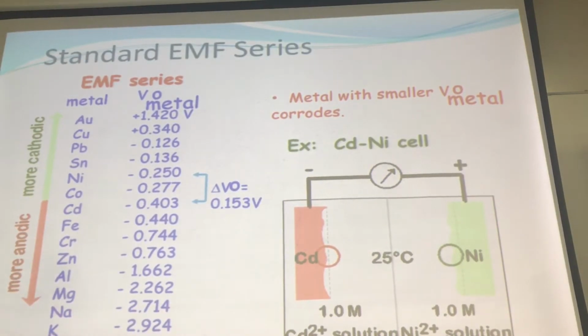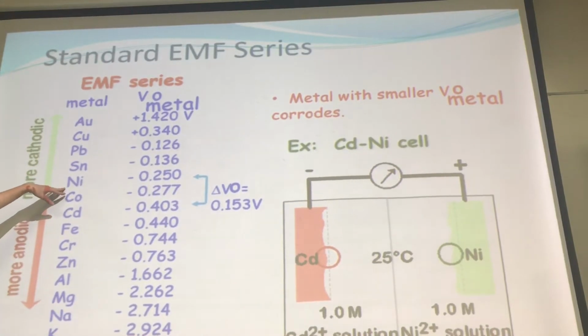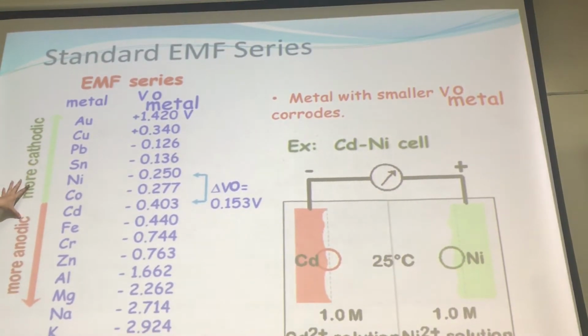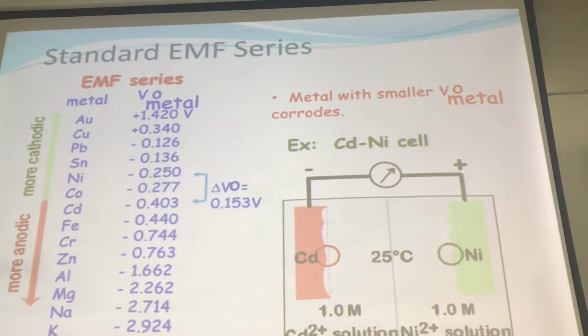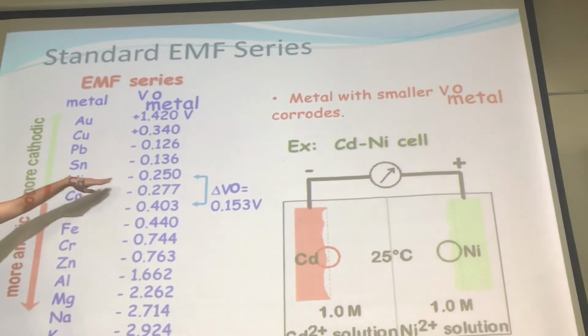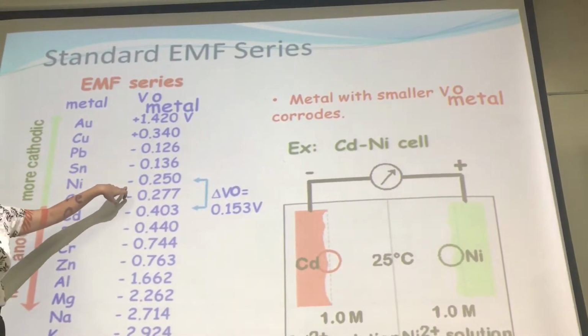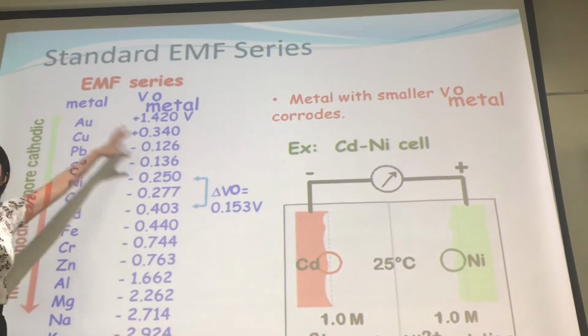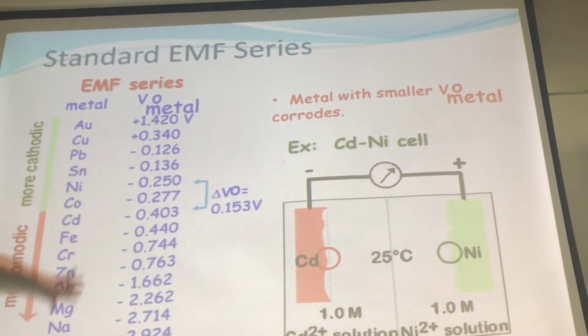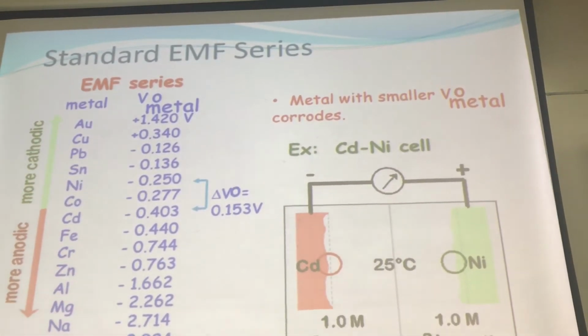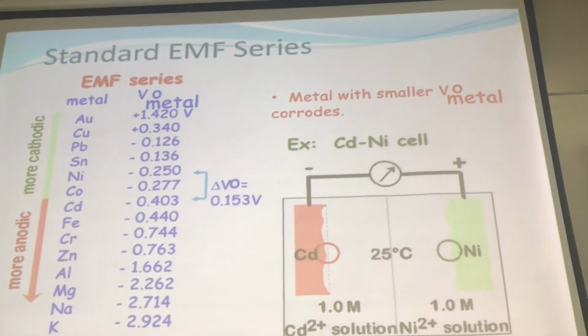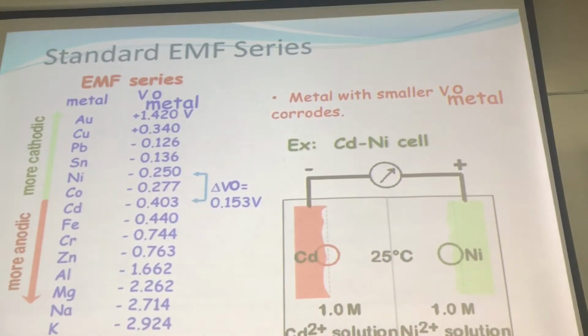We test, for example, nickel, the way that we tested before. Standard EMF. And we see that for nickel the voltage is 0.05. So we can do the ranking of this. Let me ask you, everyone look up.